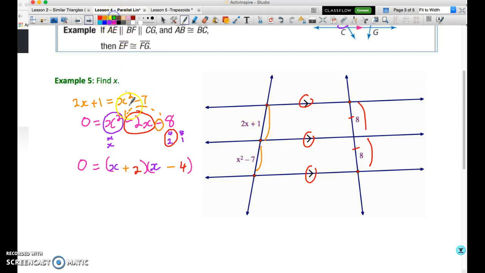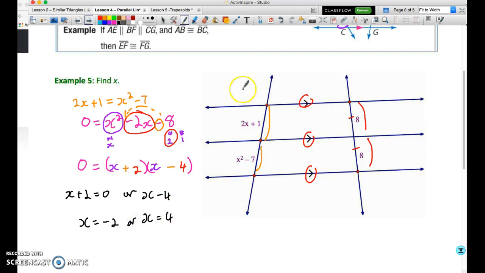We can do a quick check: x squared minus 4x plus 2x gives us -2x, and minus 4 times plus 2 gives -8, so we know that is correct. If the product of two numbers is 0, one of the numbers must be 0, and that allows us to solve: x is equal to 4 or x is equal to -2.